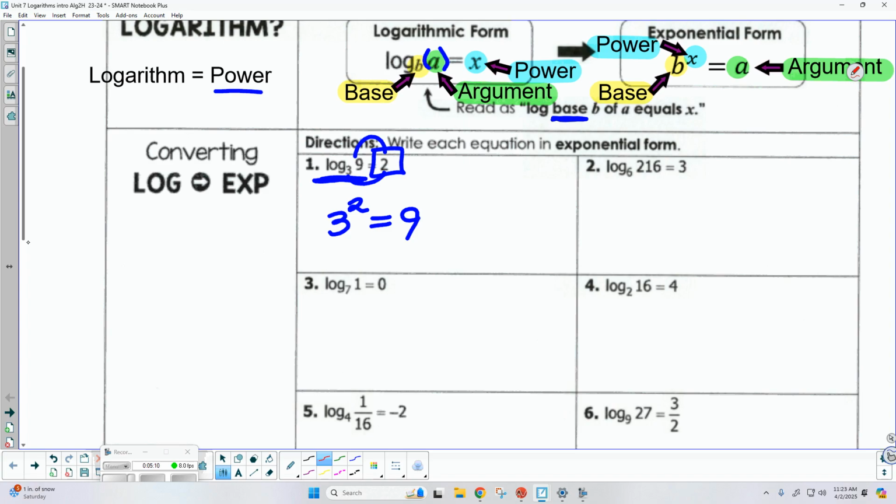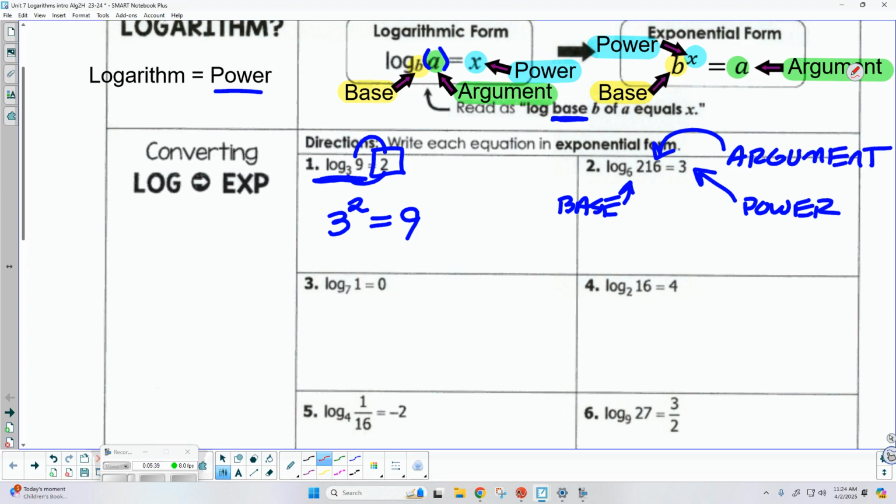Okay. Well, let's try number 2. How would I read this? Log base 6 of 216 equals 3. So I've got my base. I've got the power. And what's inside, that's my argument.